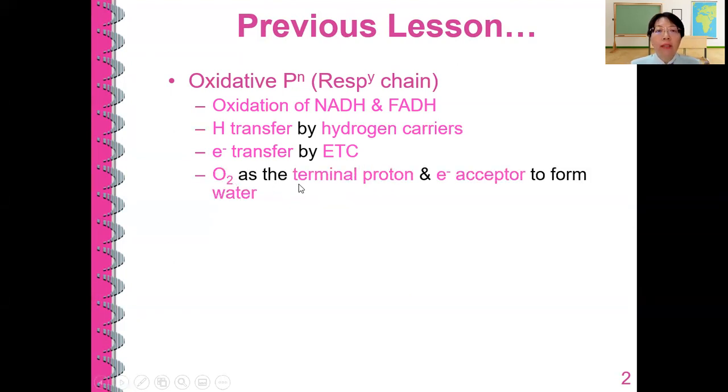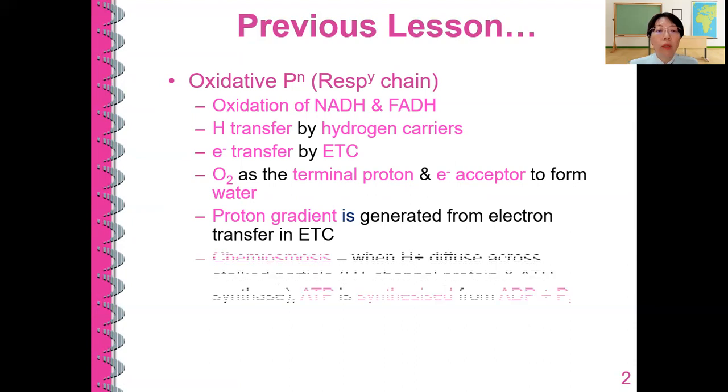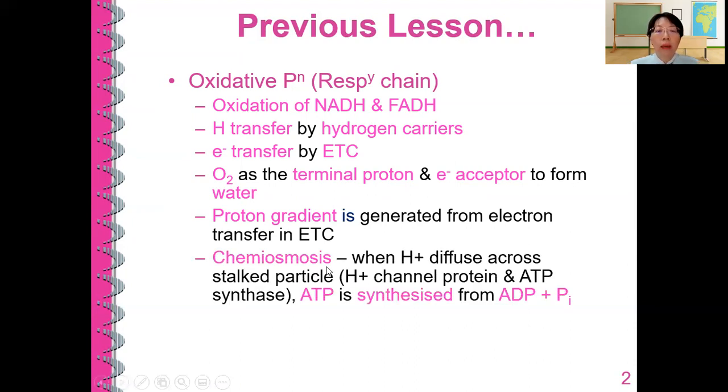Then oxygen will act as a terminal proton and electron acceptor to form water. Then a proton gradient will be generated from the electron transfer in the ETC. So when electrons are being transferred in the ETC, protons are being pumped, okay, from the matrix to the intermembrane space, generating a proton gradient. So chemiosmosis will happen. That means when the protons diffuse across a stalked particle, which consists of a proton channel protein and ATP synthase, ATP is synthesized from ADP and Pi.